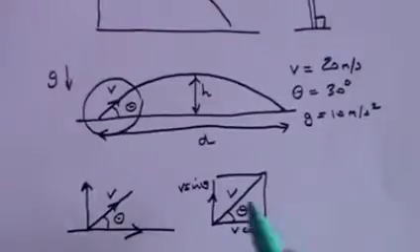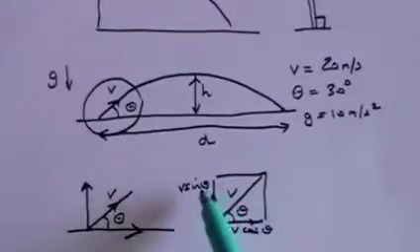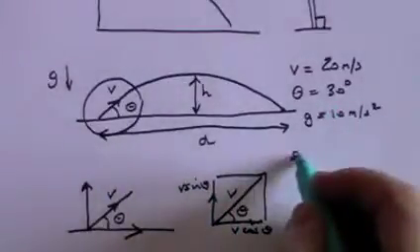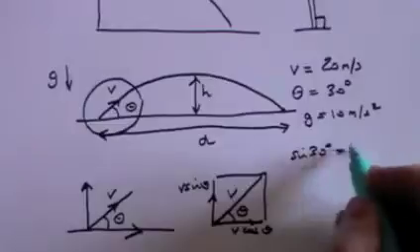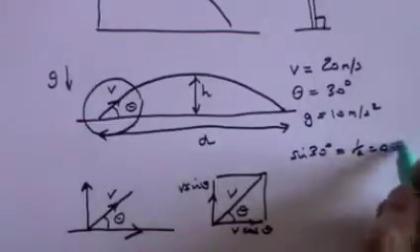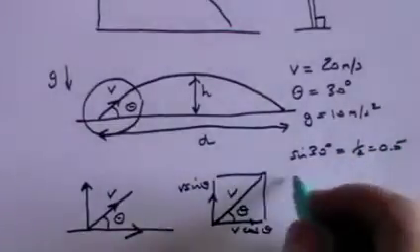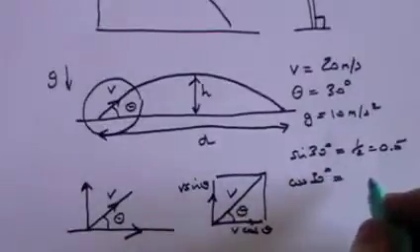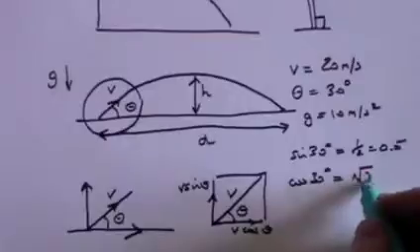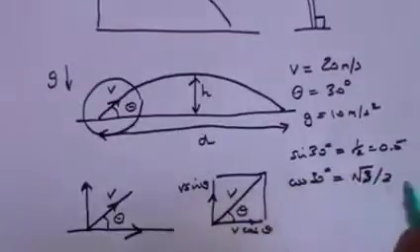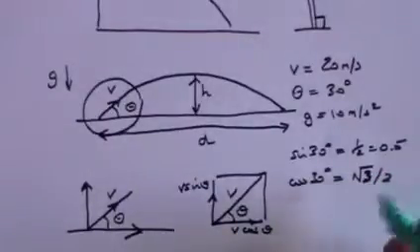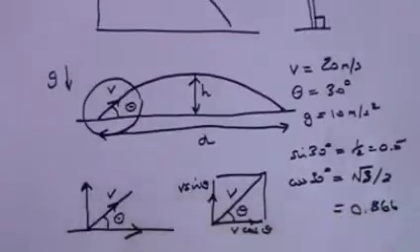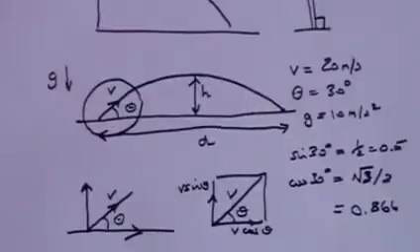And since we're going to need cos theta and sine theta we better just say what they are. The sine of 30 degrees is a half, or 0.5, and the cosine of 30 degrees is the square root of 3 divided by 2. That's the square root of 3 divided by 2, and that is equal to approximately 0.866.